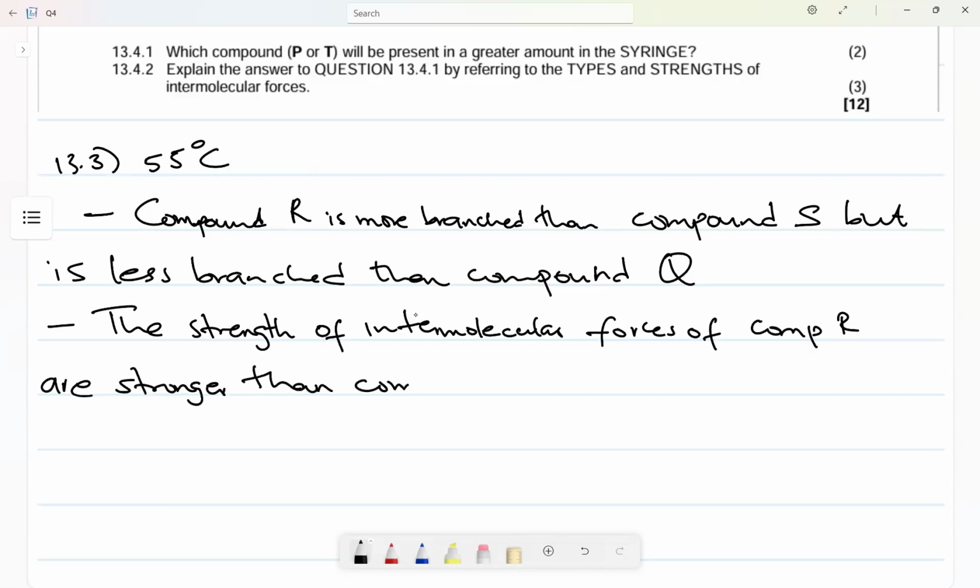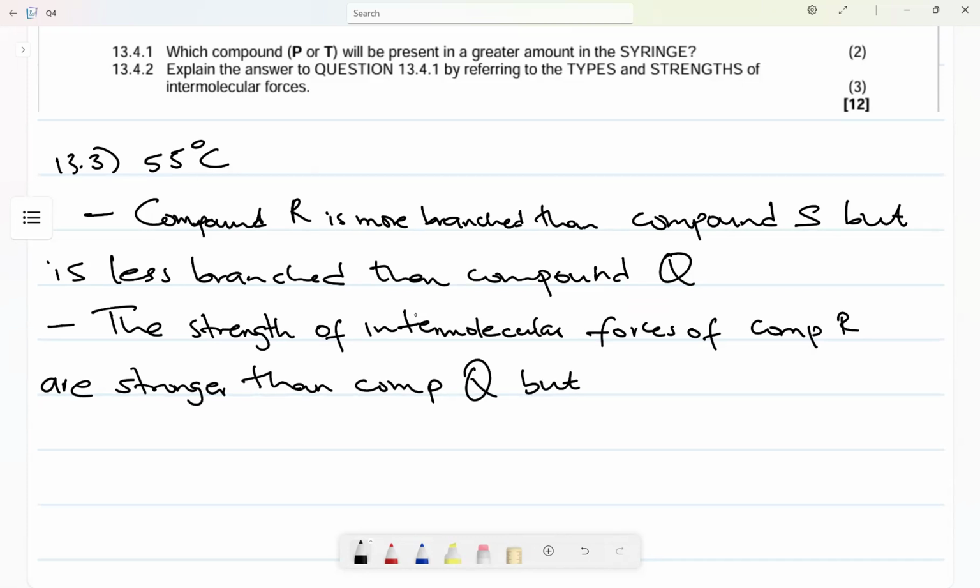Which one is branched more than it? Q is branched more than R. So now it means the strength of intermolecular forces of R are stronger than compound Q. Why? Because the one that is more branched has weaker intermolecular forces, right?